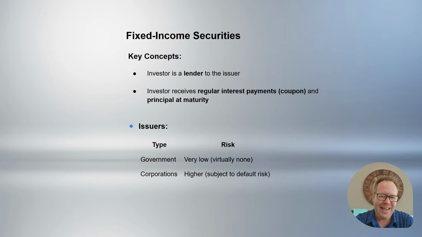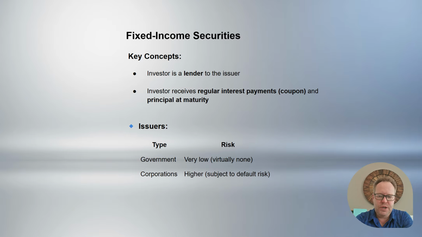If you think about a fixed income or debt instrument issued by the government, say of Canada, the risk is extremely low to virtually none because the government of Canada is backing that investment. The only way for your investment to lose all of its value is for the government of Canada to default on payments and not make its debt payments.